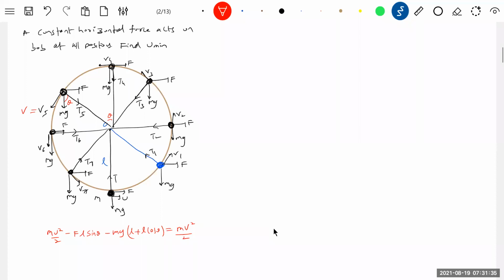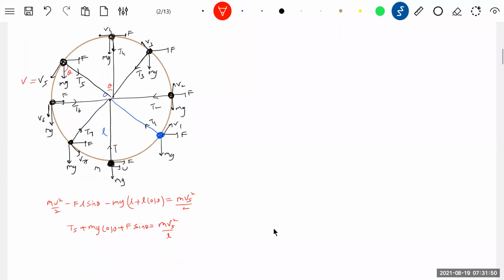Then you will write the equation T5, or let it be the same symbol, T5 plus mg cos theta plus f sin theta. Now what is the condition? v5 will be minimum when tension tends to 0. You can see from here the remaining are all constant.